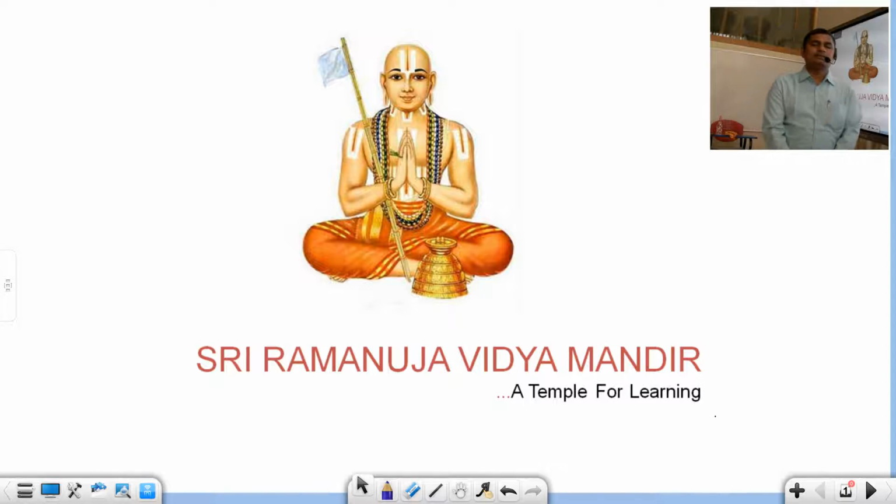Now fourth case, when the object is placed between the center of curvature and the focus, then where is the position of the image? It will go beyond C. What about nature? Real and inverted. Size? Highly enlarged or magnified image. Okay, students, this is the fourth case.